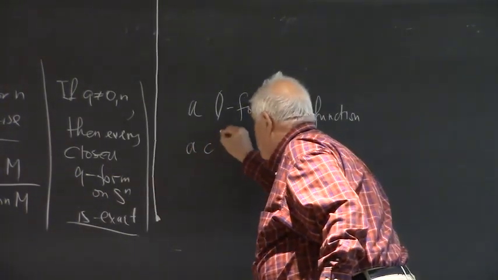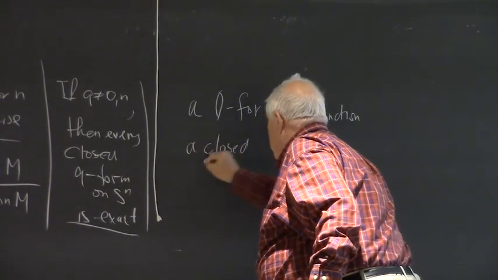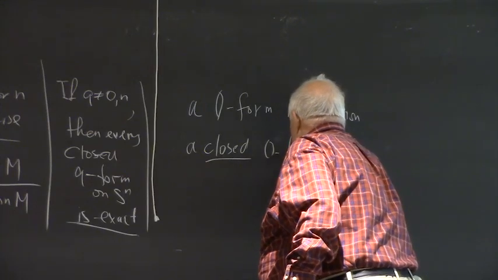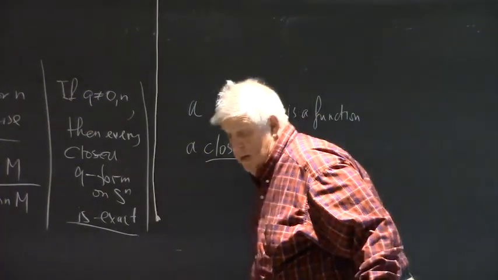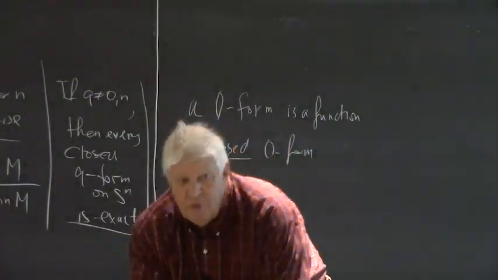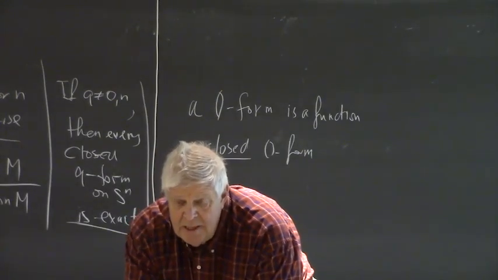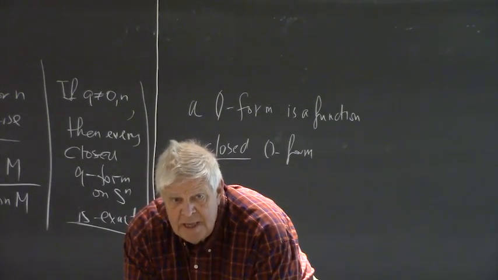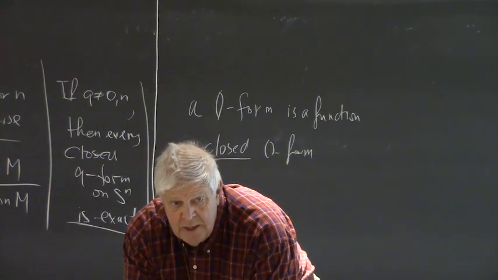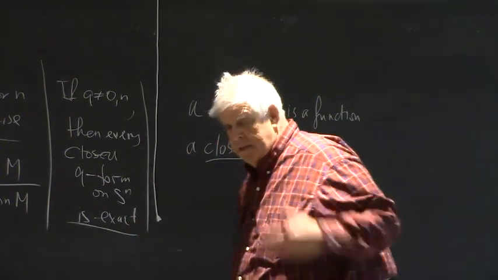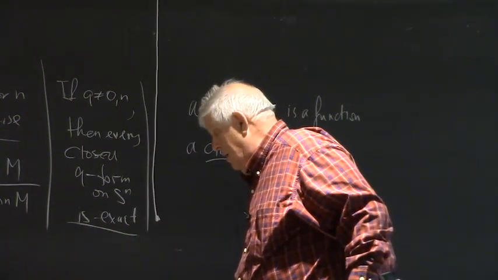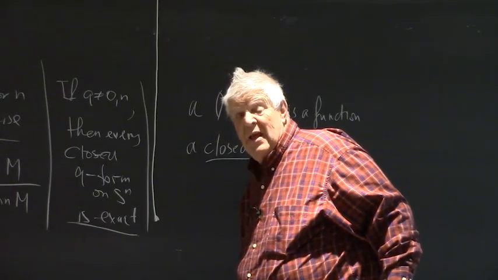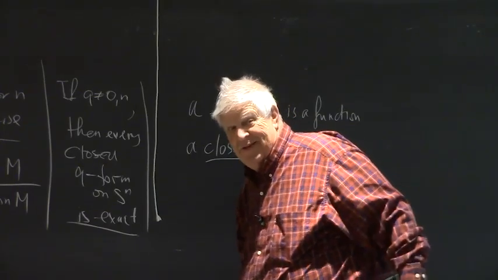A closed zero form is a function whose differential is 0, which means, roughly speaking, that it is constant, or more precisely, it's constant on every component. Sometimes people say, just to be looking more smart, locally constant.